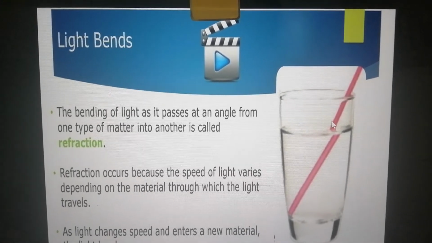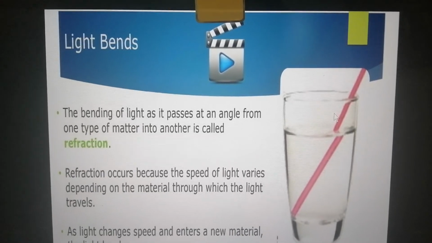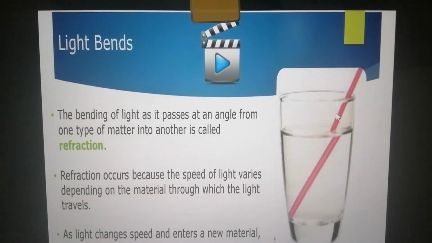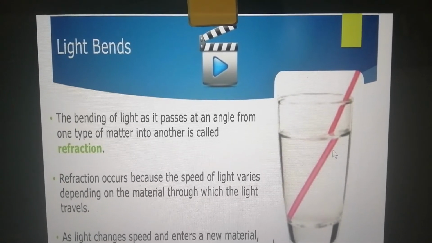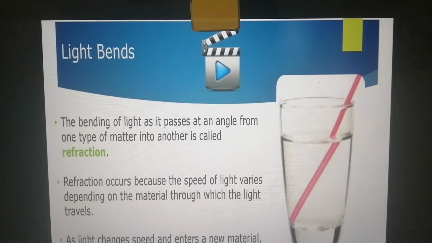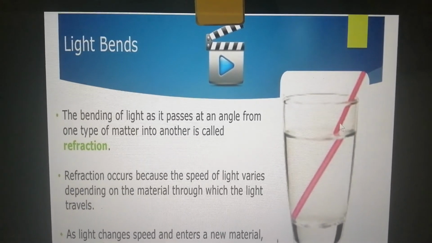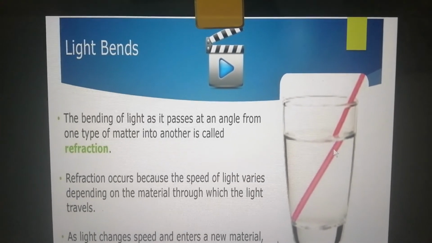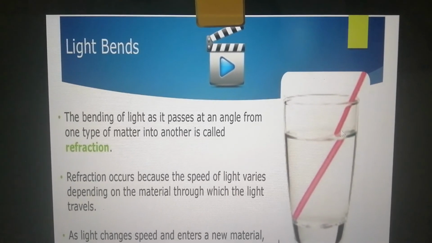But once it enters a new matter from the air, when we go down inside the water, the angle changes and the light bends.